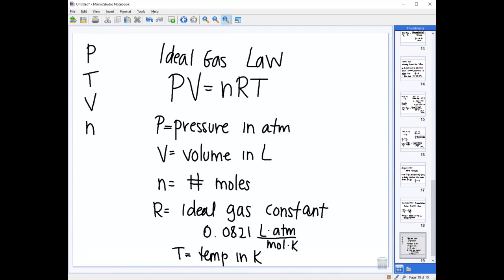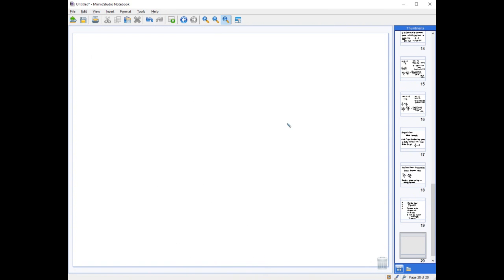Now, when we look at this equation, PV equals nRT, we can come up with another value that's very important to us. And Madison alluded to this earlier when she wrote 22.4 liters. That is the molar volume of a gas.